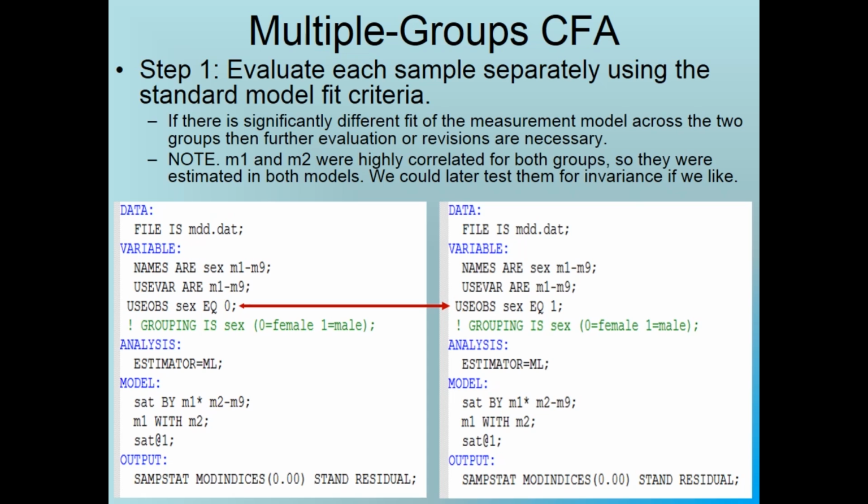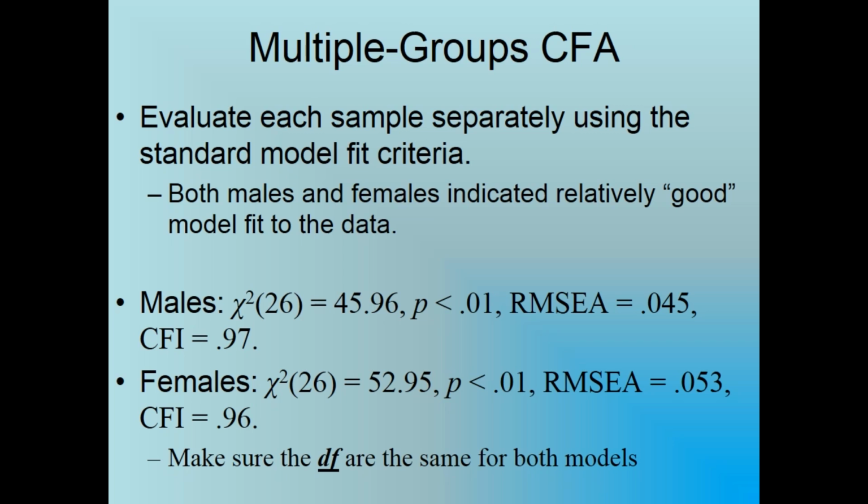after we've estimated both models, we then want to evaluate our model fit as well as our CFA model results. Again, you want to look at your standardized factor loadings and make sure they're all large. As you can see, the model fits well for both our males and our females.